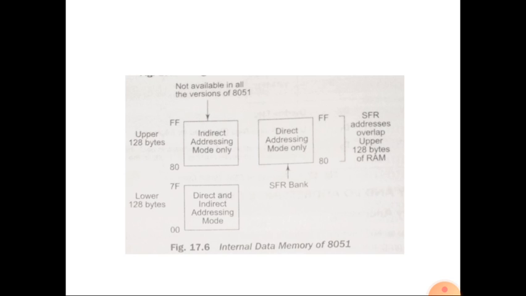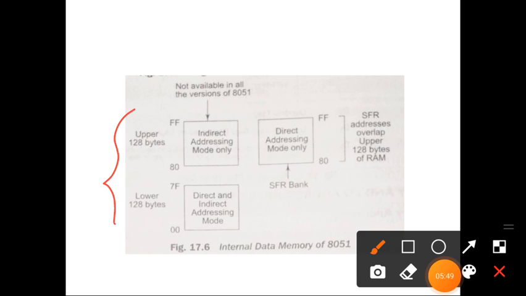In some cases it has 256 bytes. The first set of RAM addresses is 0 to 7F and the second set is from 80 to FF, which includes the addresses allotted to special function registers.